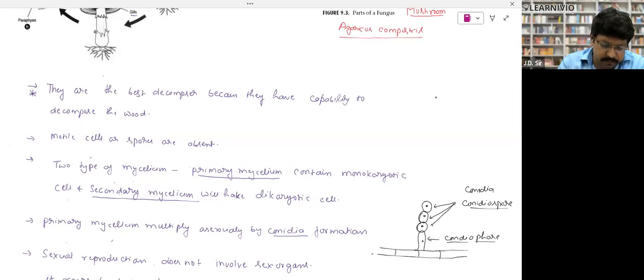They are considered the best decomposers of the world because they can decompose wood, in brackets, lignin and suberin can be decomposed.